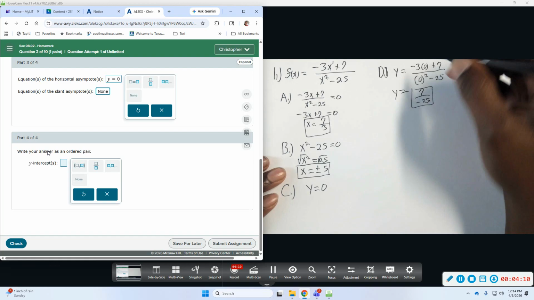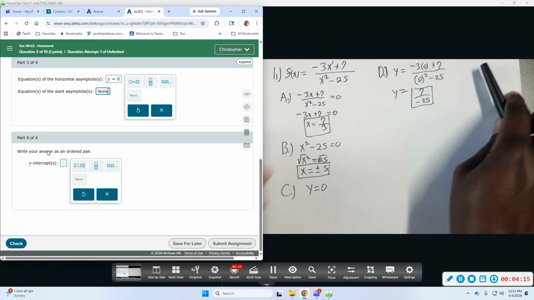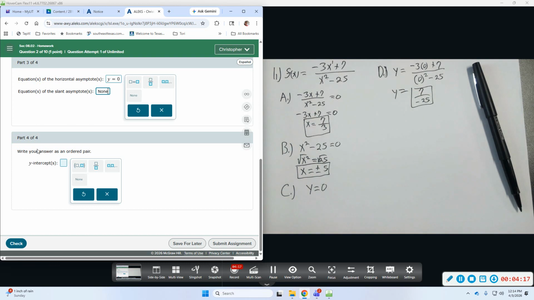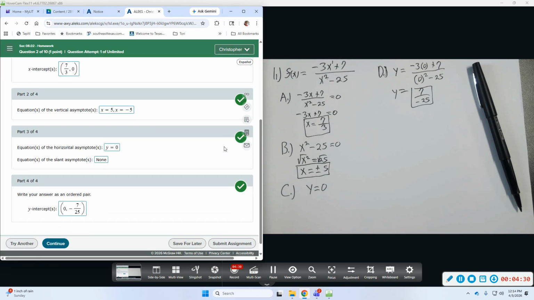So we get y equal as an ordered pair. We'll have 0 for x, and then negative 7 over 25. So ordered pair, 0, negative 7 over 25. And everything is good.